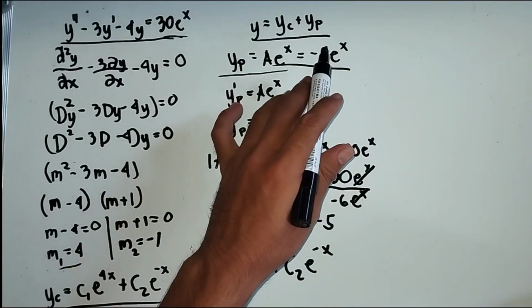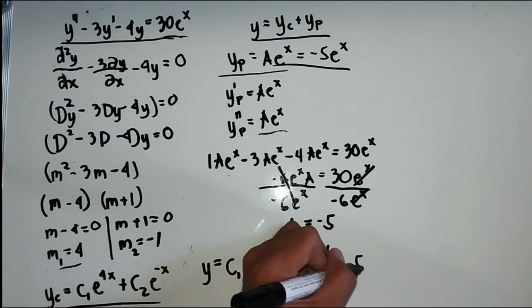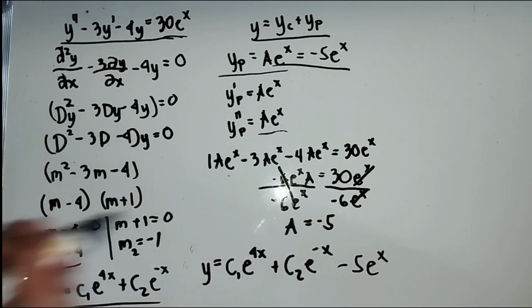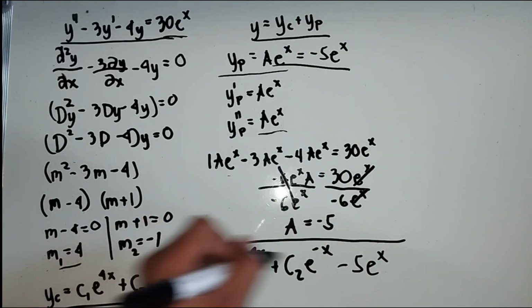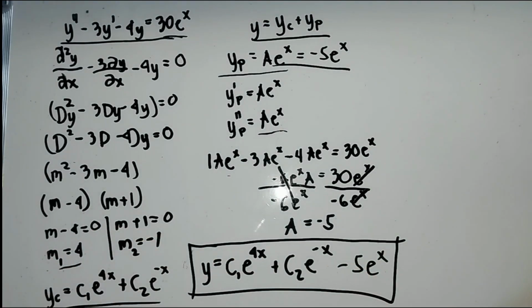Now we add the yp, which is negative 5 e to the power of x. So this is our final solution for this non-homogeneous equation using the method of undetermined coefficients.